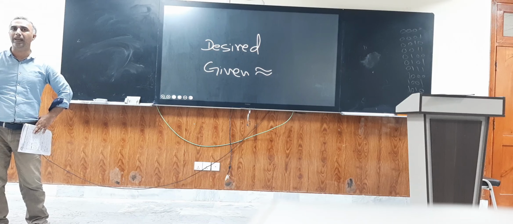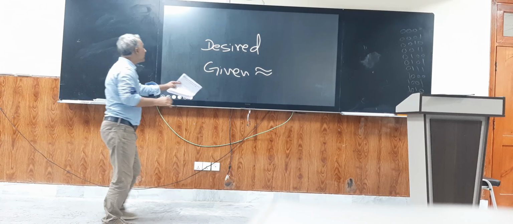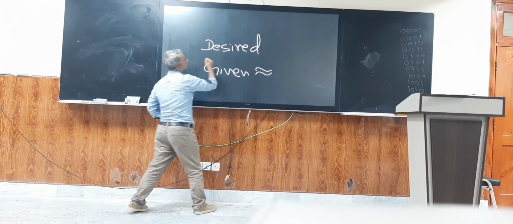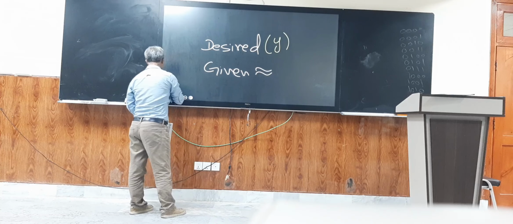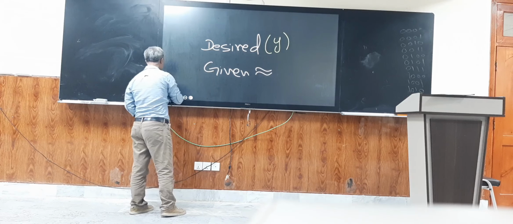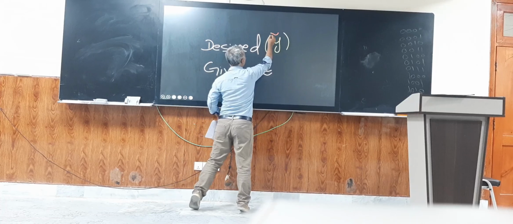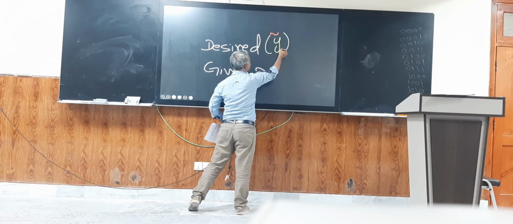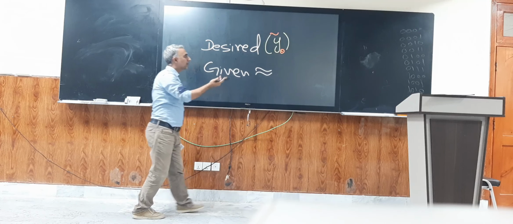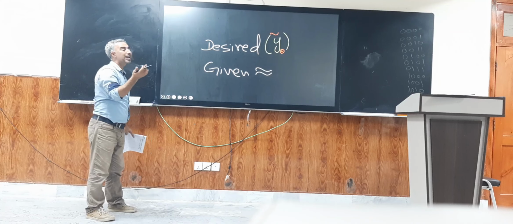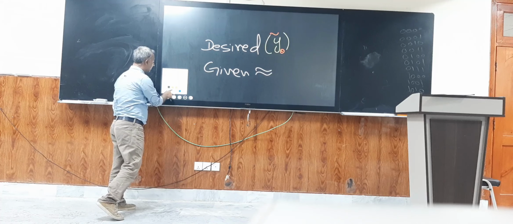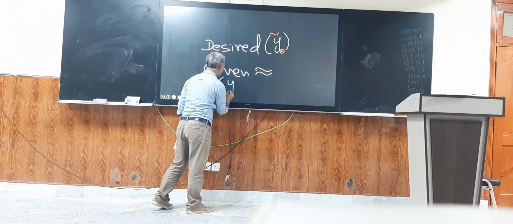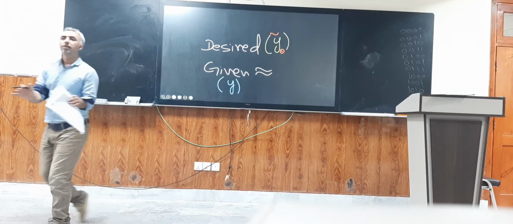However, if there is a difference, for example, you represent your desired with y, or sometimes y sub theta, depending upon the weight parameter, and given is some kind of a benchmark.